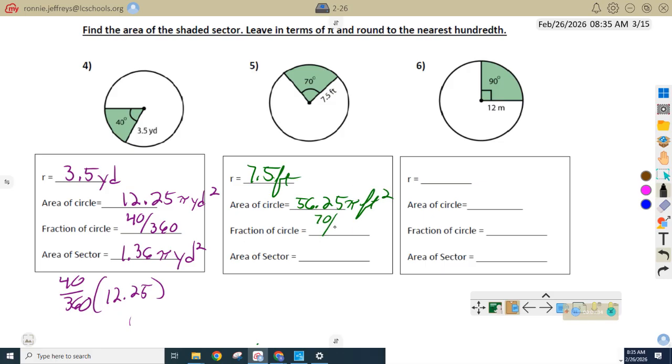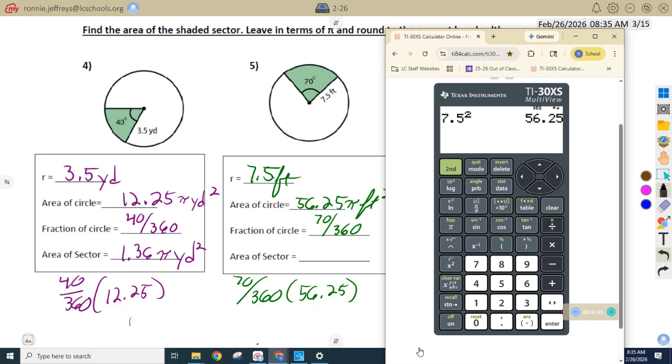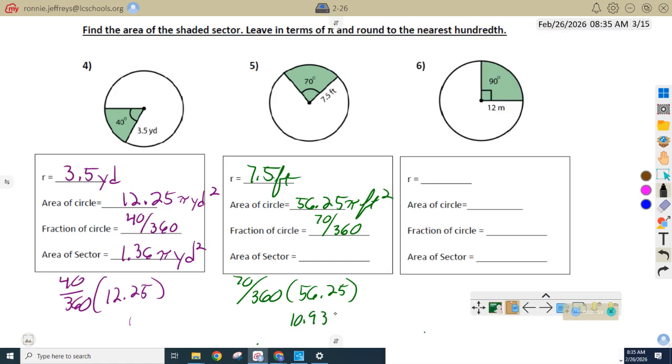So 70 over 360 times 56.25. All right, so this is 10.937, so this would be 10.94 pi feet squared.